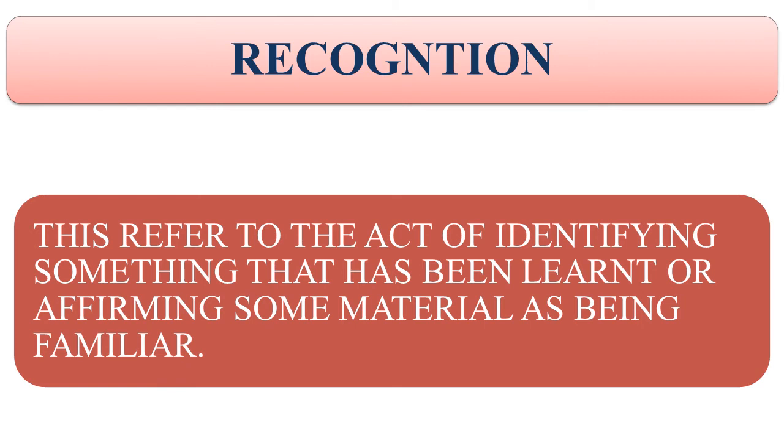Recognition score can be obtained by the formula: recognition score is equal to right responses minus wrong responses, divided by total, into 100. Recognition depends on factors like practice and attention to detail. Generally, recognition tends to be easier than recall due to the presence of cues.